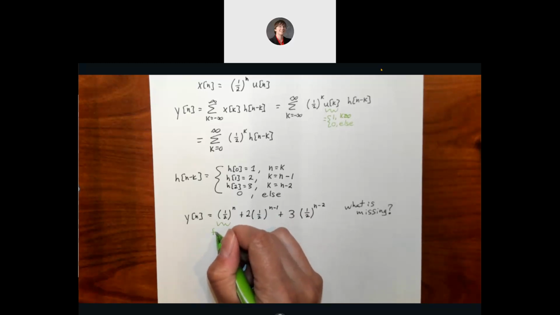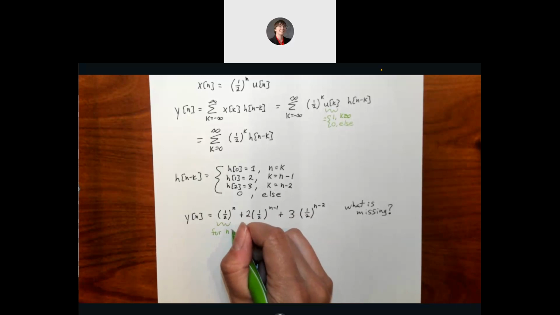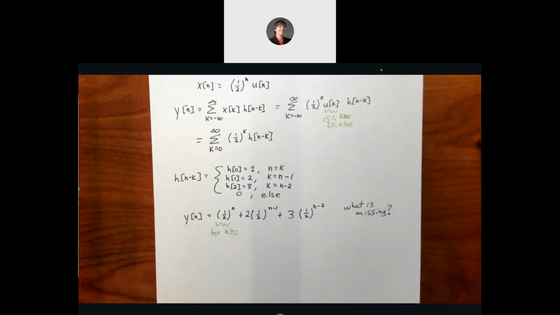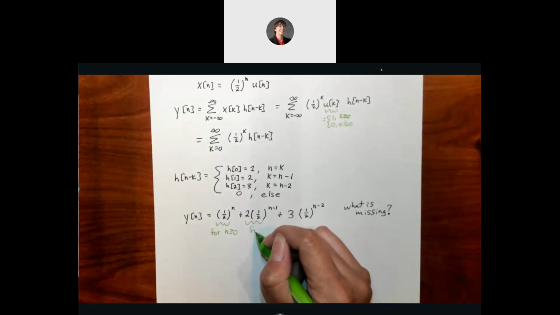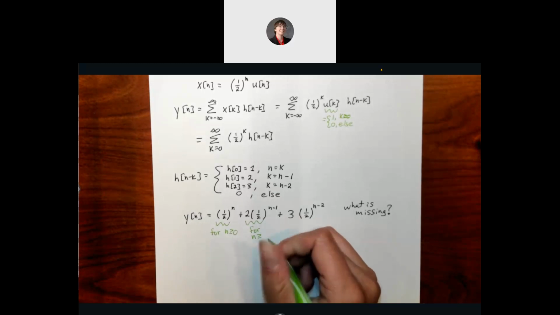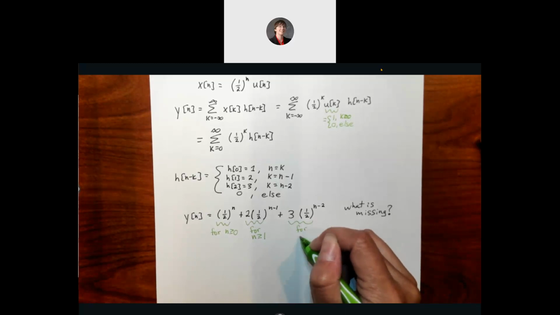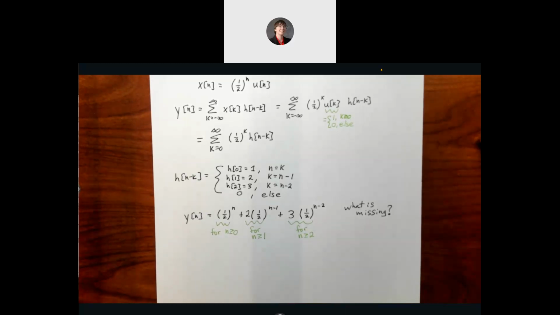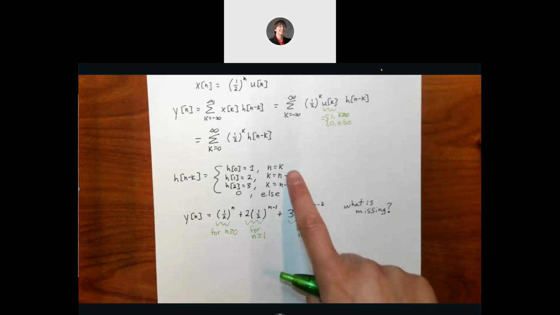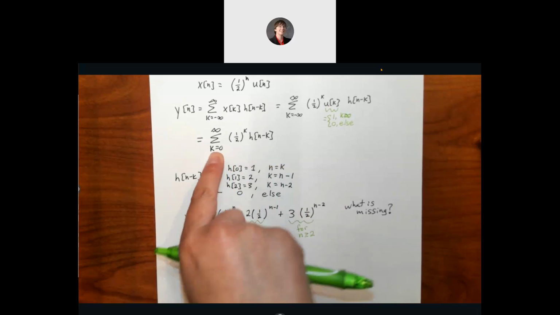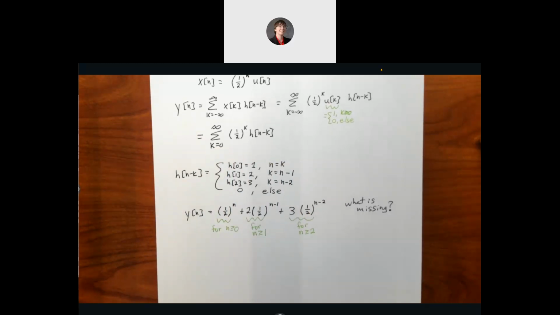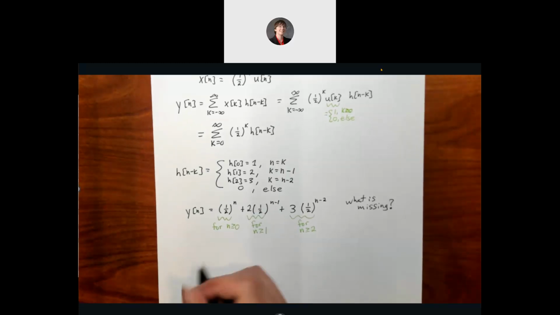So what that means is that this term is only true when n is greater than or equal to 0, and this one when n is greater than or equal to 1, and this when n is greater than or equal to 2. Otherwise, our k would be less than 0, and those terms would be canceled out.